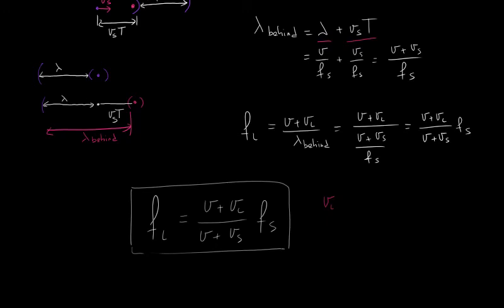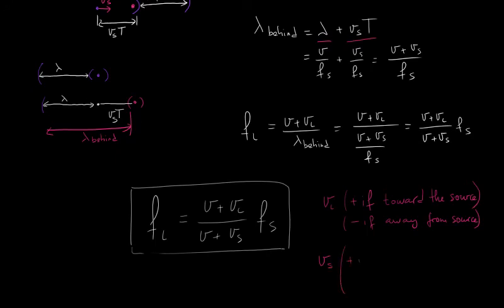So the listener's speed is positive if the listener is moving toward the source, and negative if moving away from the source. Now, the same thing could happen with the velocity of the source.